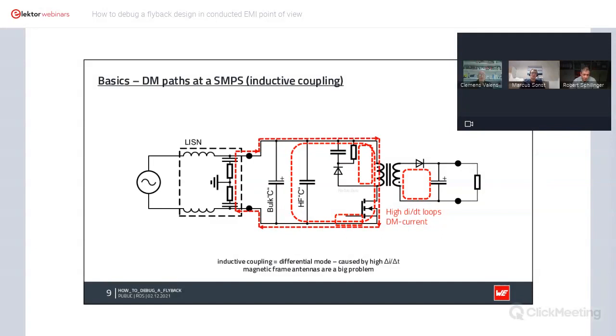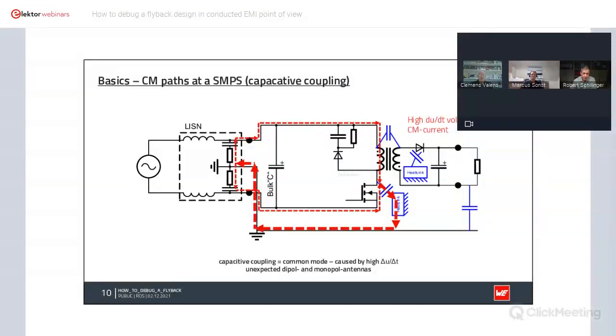Also there you have a lot of current loops. And this is one problem for inductive coupling and the usage of magnetic frame antennas you build inside such a design, for example.